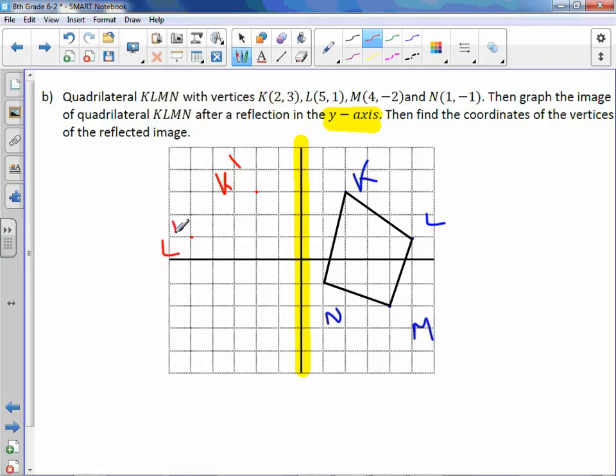This is L prime. M prime, 4 away, 4 away. And N is 1 away. So this is our N prime. Go ahead and connect those points.